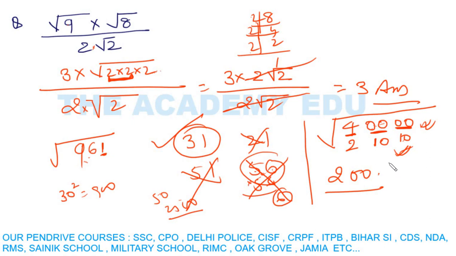Got it? You will find some videos where people say they will teach you how to find the square root of a 4-digit or 5-digit number easily. Just don't try to do that.